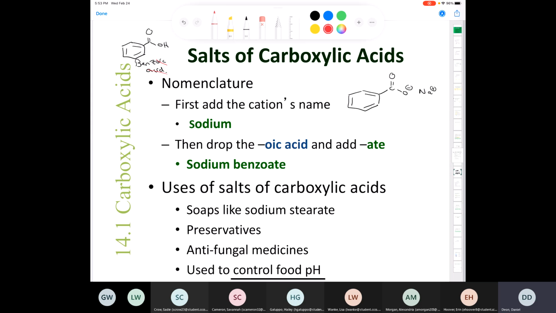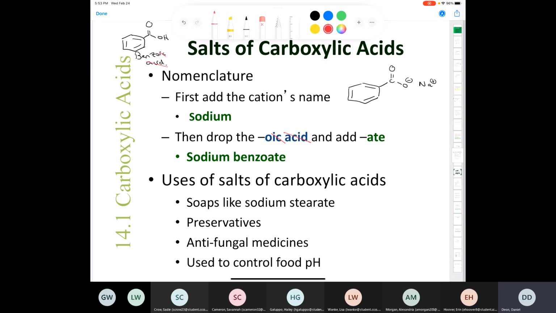This part here, oic acid, gets dropped, and you change the suffix to ate. Here the slide says it slightly wrong: it should say ic acid, and then you replace it with ate, right? So it would be benzoate, okay? So sodium benzoate. And so that's what we'd call this. It would simply be sodium benzoate.